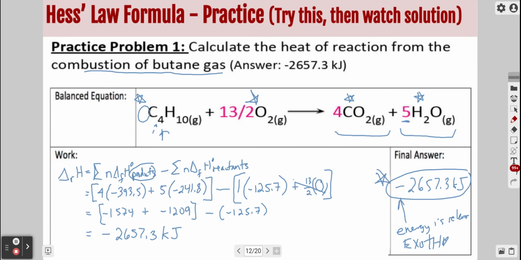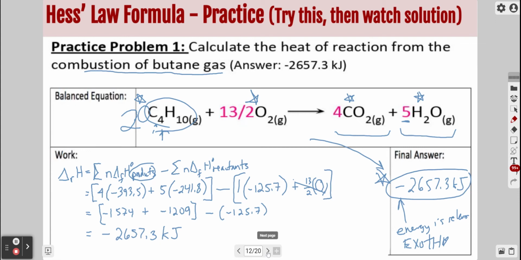This is how much energy you're going to get when you burn 1 mole of this butane gas here. If there was a 2 in front of there, you could probably guess what's going to happen, but you're going to get double the amount of energy released if you have double the amount of moles of butane burning.